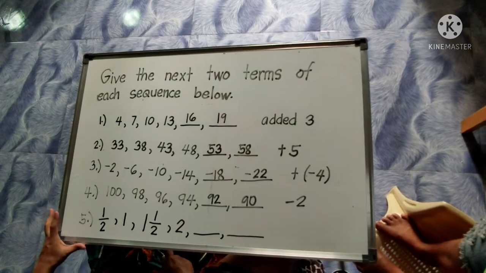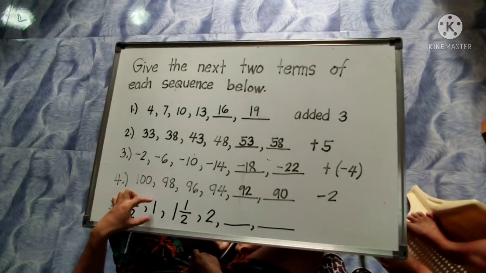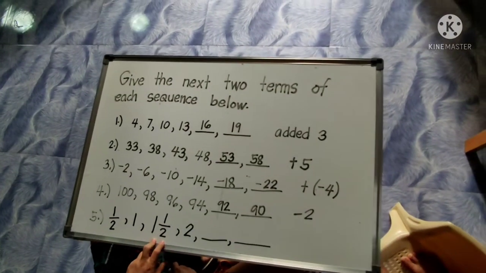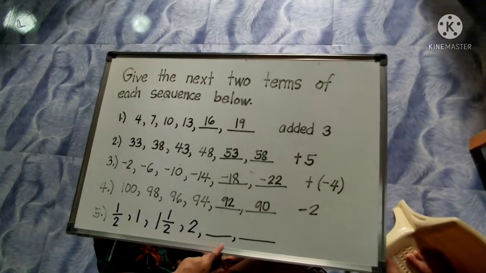Let's proceed to number 5. 1/2 becomes 1. 1 becomes 1 and 1/2. 1 and 1/2 becomes 2, then blank and blank.